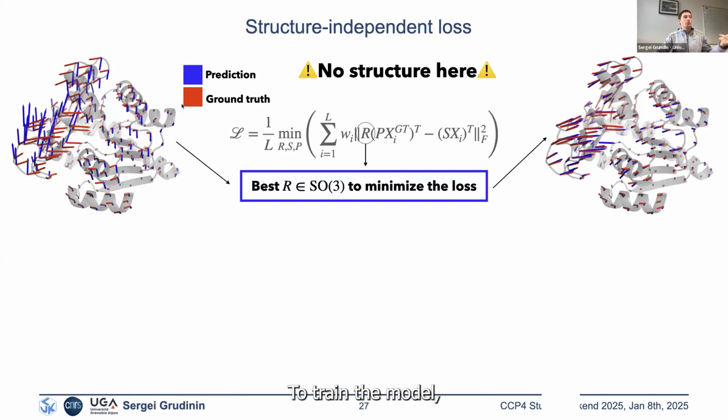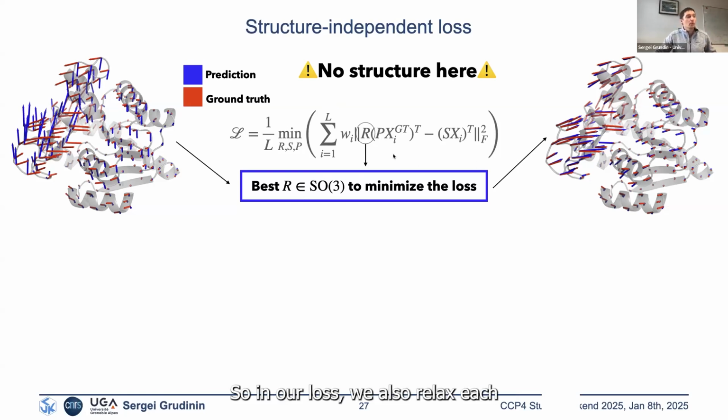To train the model, we have to align this frame to the ground truth. And for the alignment, we are solving the best alignment problem in a closed form, which is also called the Procrustes problem, to find the rotation which aligns the predictions with the ground truth.